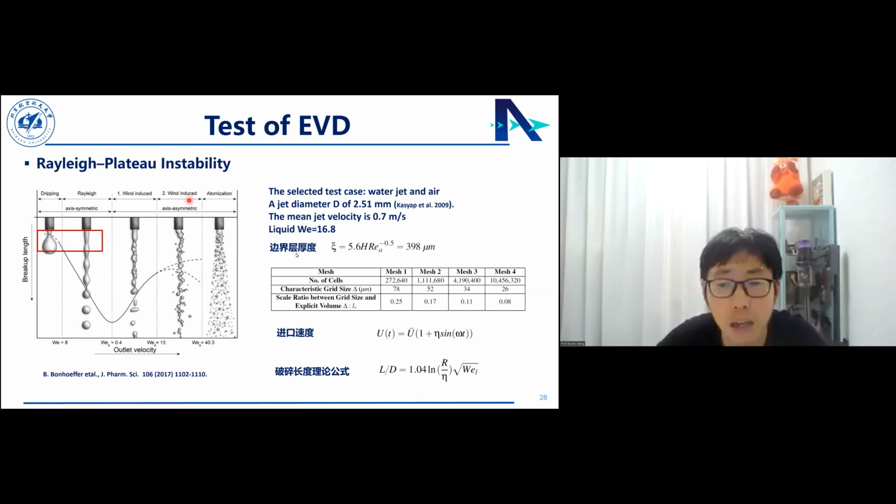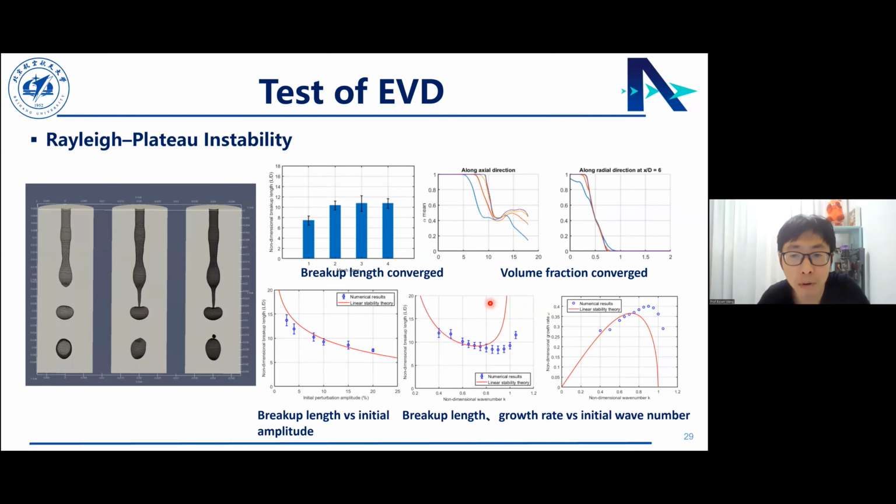When we increase the grid refinement, we have convergence. We also have converged volume fraction along the central line and in the radial direction.